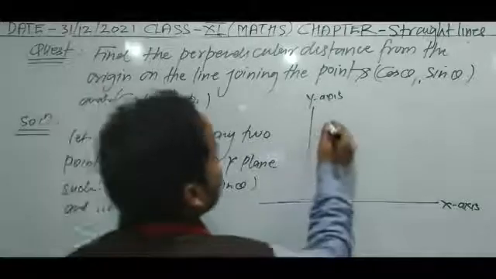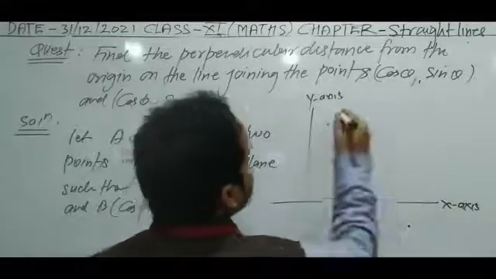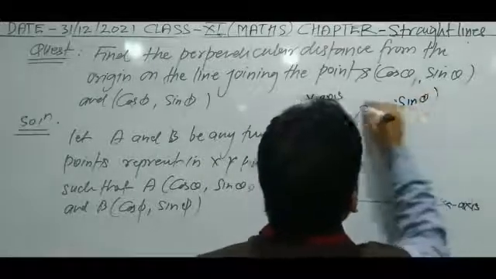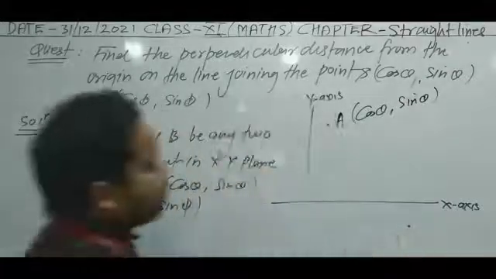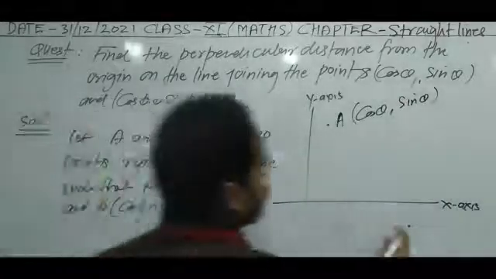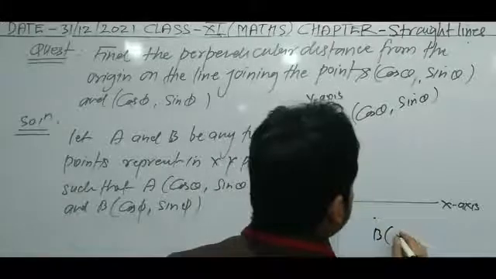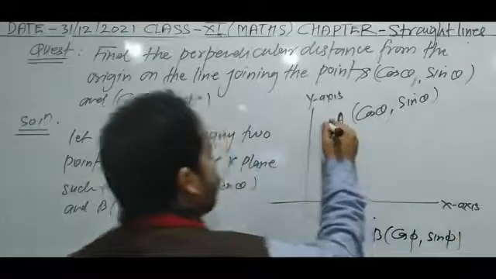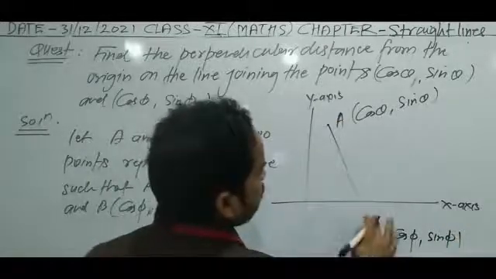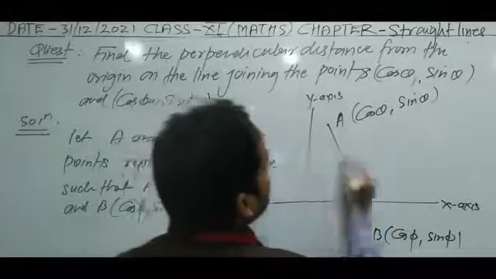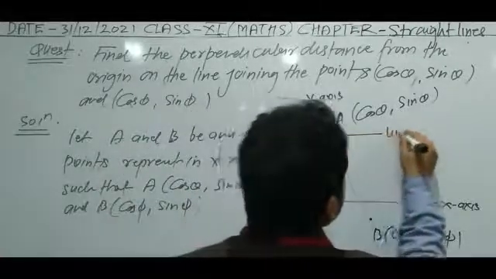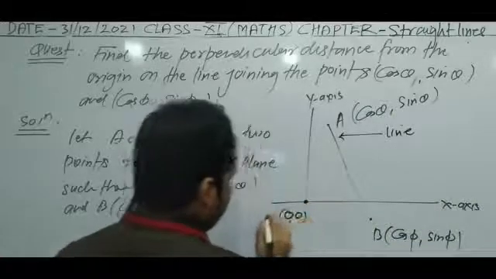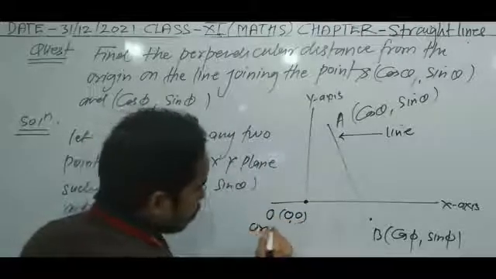Now suppose there are 2 points, capital A, this is cos theta comma sin theta, and this is point B, and B coordinate is cos phi comma sin phi. Now join these points, you will get a single line. Now this is the line, and this is the origin.